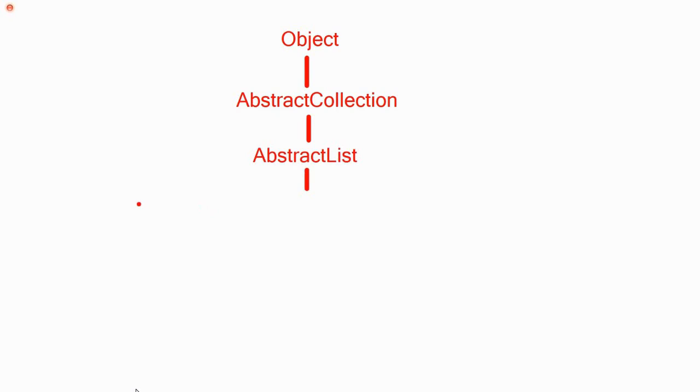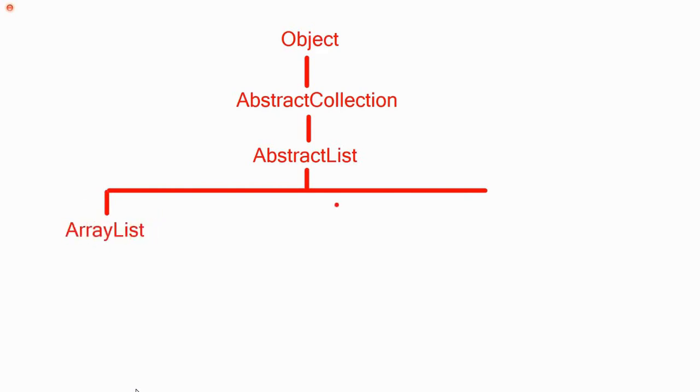From this, ArrayList. Here, AbstractSequentialList. Here, LinkedList. Ready? Object, AbstractCollection, AbstractList, ArrayList, AbstractSequentialList, LinkedList.